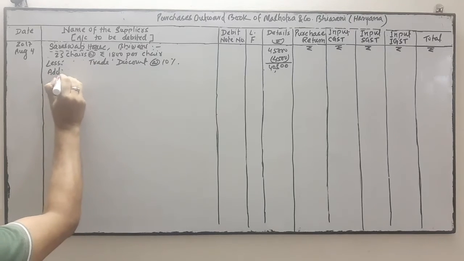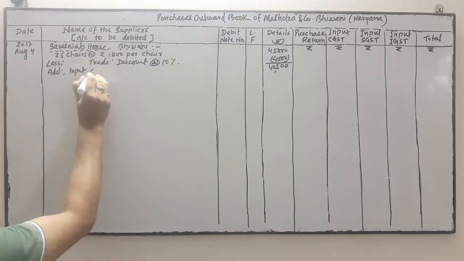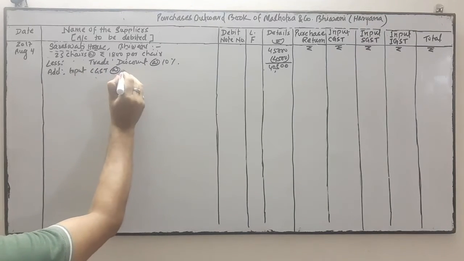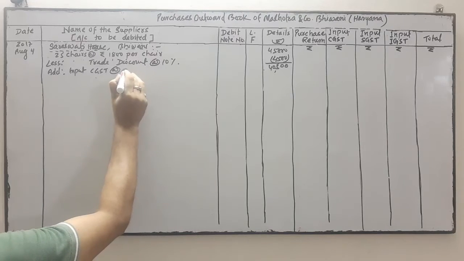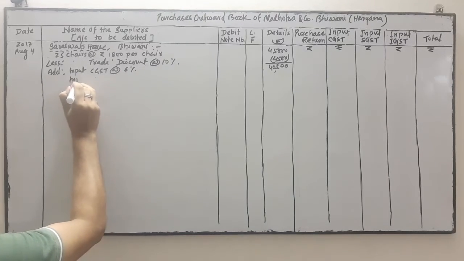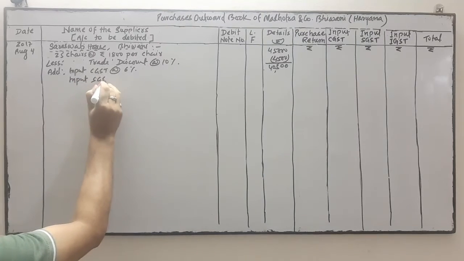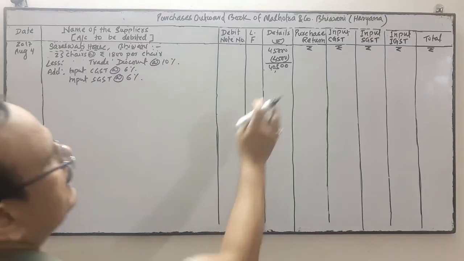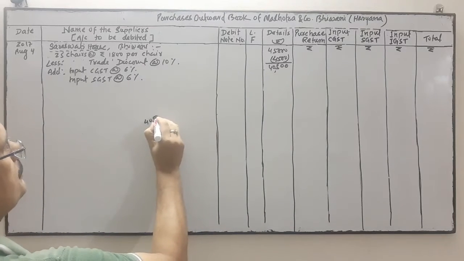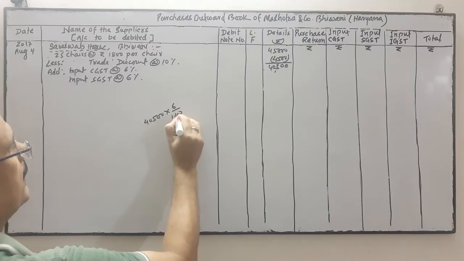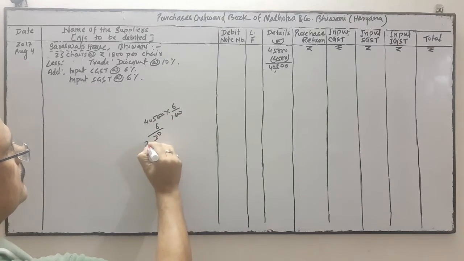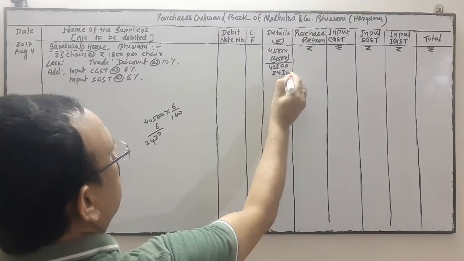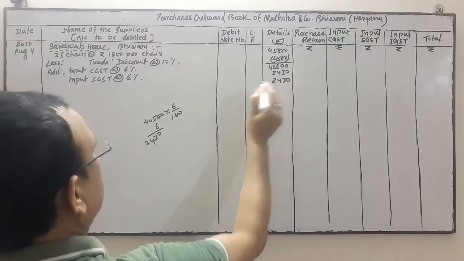Add input CGST at the rate of 6% and input SGST at the rate of 6%. 6% of 40,500 is 2,430 and 2,430.